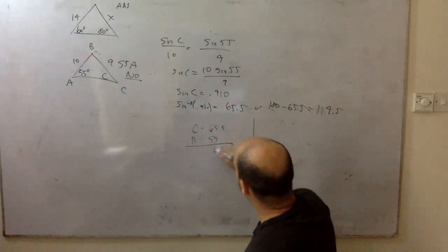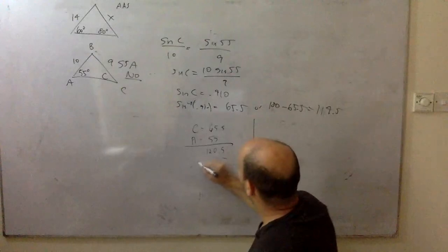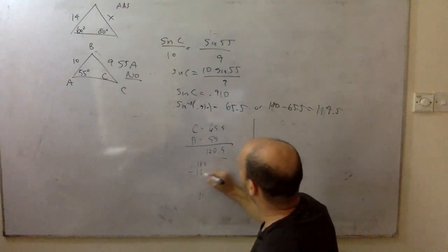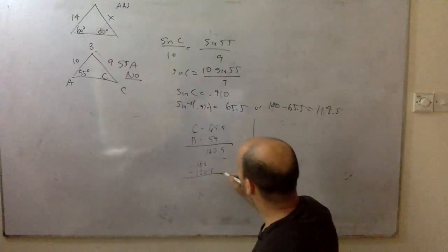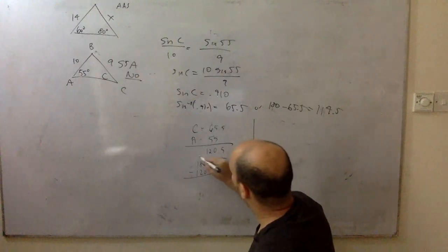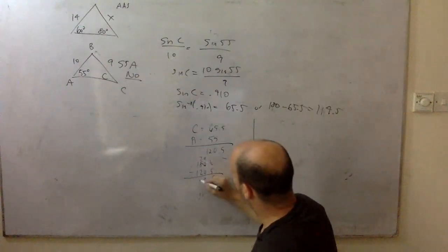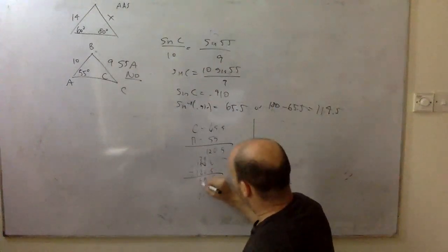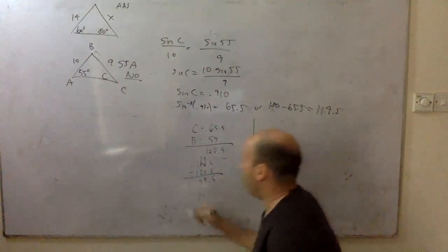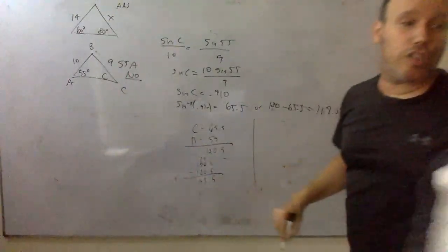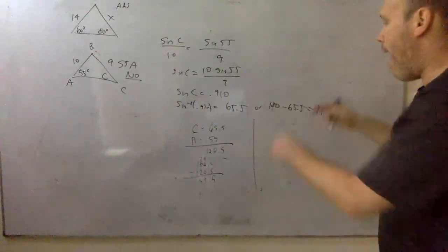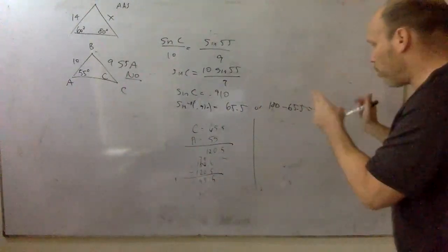Add these up, 120.5. 180 minus 120.5 is 59.5. So we're good for that side. The angle B is 59.5.